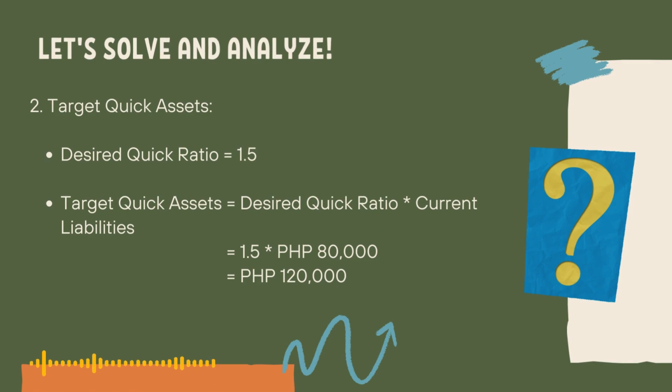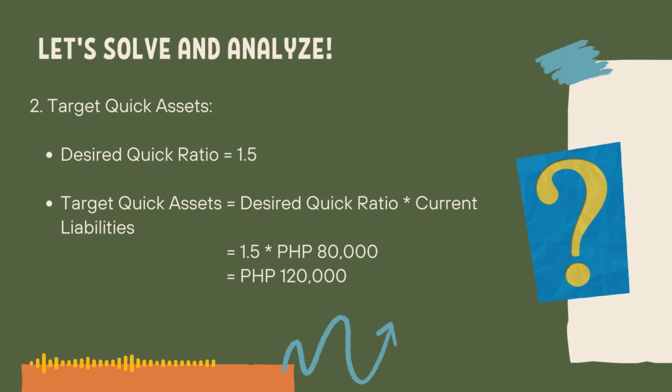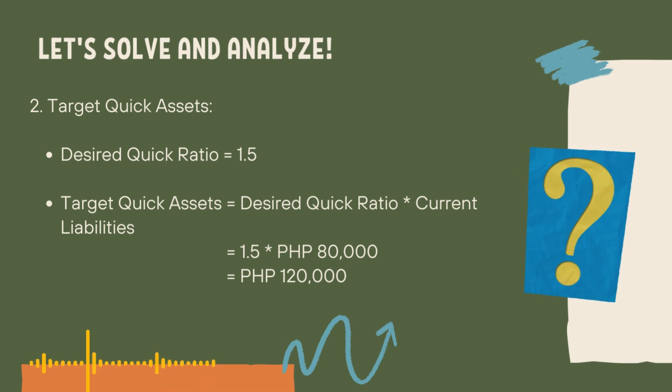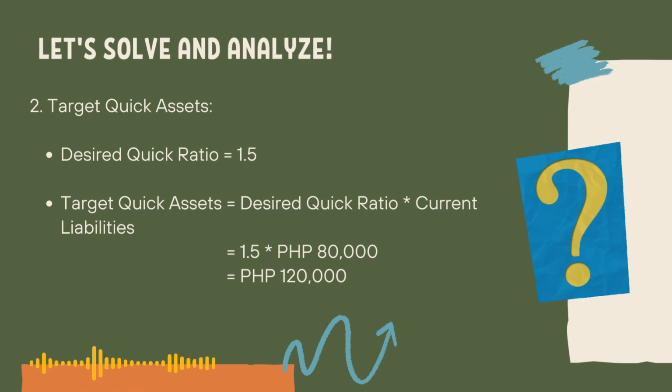But the desired quick ratio is 1.5. So target quick assets is the desired quick ratio multiplied by current liabilities. So 1.5 times 80,000 pesos of current liabilities will give us 120,000 pesos of target quick assets.